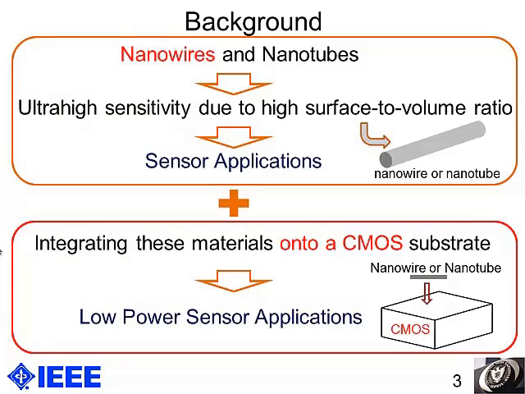Nanowires and nanotubes are materials of interest in sensor applications because of their possible ultra-high sensitivity due to the high surface-to-volume ratio. Moreover, integrating these materials onto a CMOS substrate is desirable for low-power sensing applications.